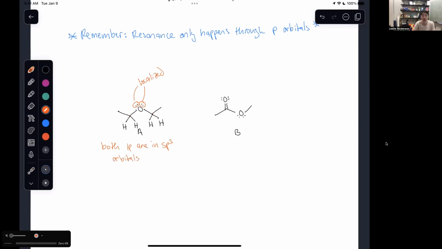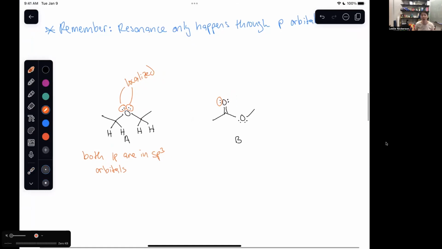Okay, so let's go ahead and look at compound B. In B, I have lone pairs in different environments, so we're going to take it one at a time. The first one we'll look at is this lone pair, and this one as well, because they're in pretty similar environments. I want to see if I can do any resonance with them.